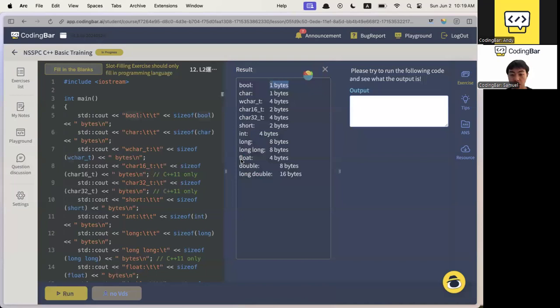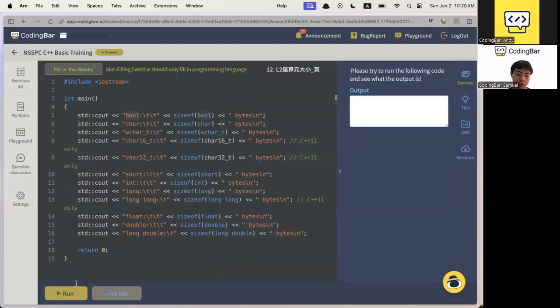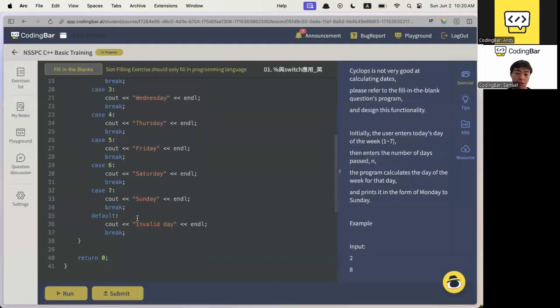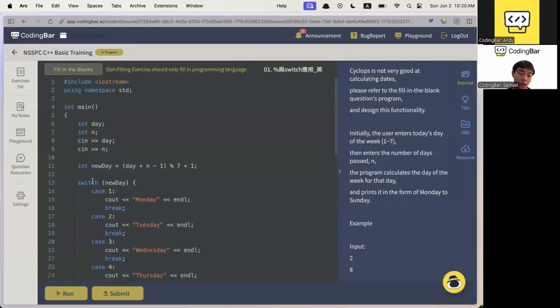Let's take a look at float and double. Float is taking 4 bytes of space and double is taking 8 bytes of space. That's why double can store longer decimals than float. You get the idea. Don't worry if you don't understand. We'll talk about it next lecture. And okay, this.